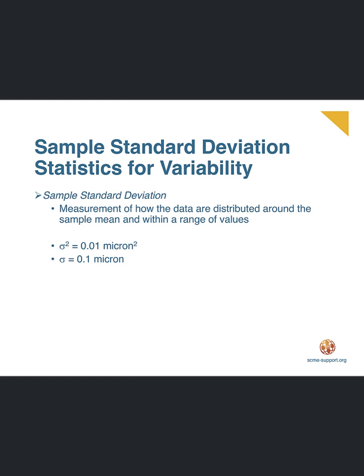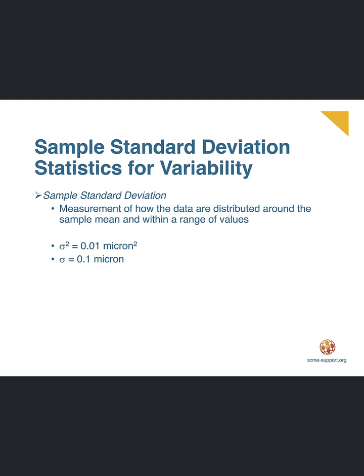The sample standard deviation is the square root of the sample variance. So basically, it is a measurement of how the data values are distributed around the sample mean and within the range of values. This is one of the most important calculations for SPC analysis and is used to develop control charts. Both common cause variation and special cause variation rely on the standard deviation for analysis.